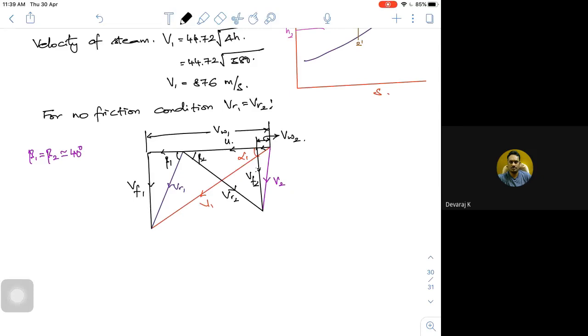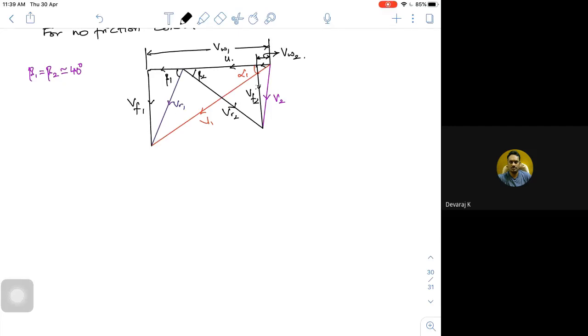How can I calculate it? From the inlet velocity triangle, let's calculate. I know the alpha. I know the value of V1. I don't know the value of VW1. So what is my VW1?